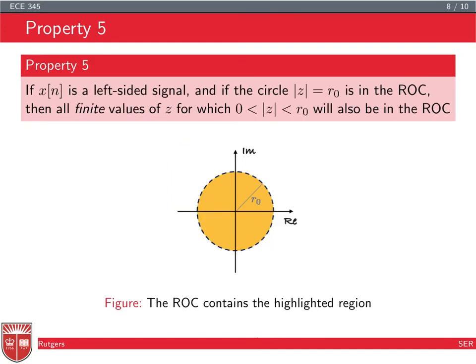For left-sided signals, we have a similar property which says that if the circle with radius r0 is in the ROC, then everything inside the circle must also be in the ROC. So here the ROC could be something like this, and everything inside of it is the ROC.